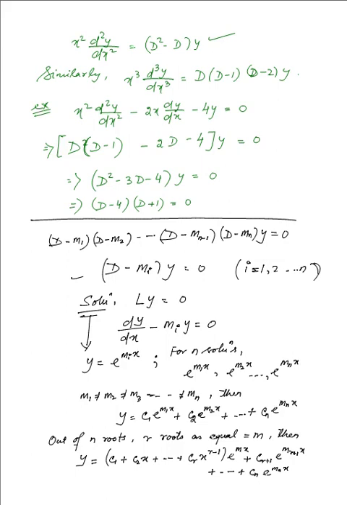This gives us the general solution to the nth order differential equation in the homogeneous form. And now we move over to the inhomogeneous condition, where we will be discussing the particular integral.